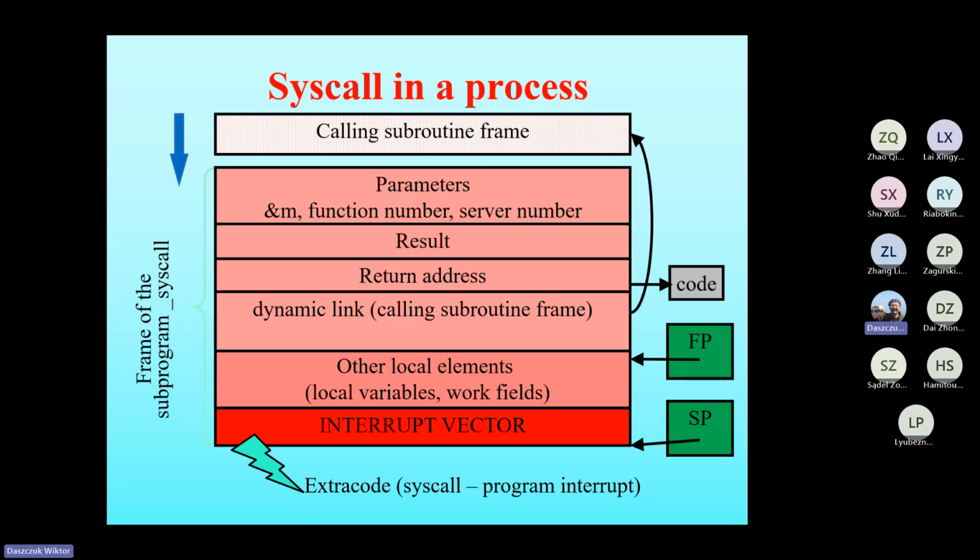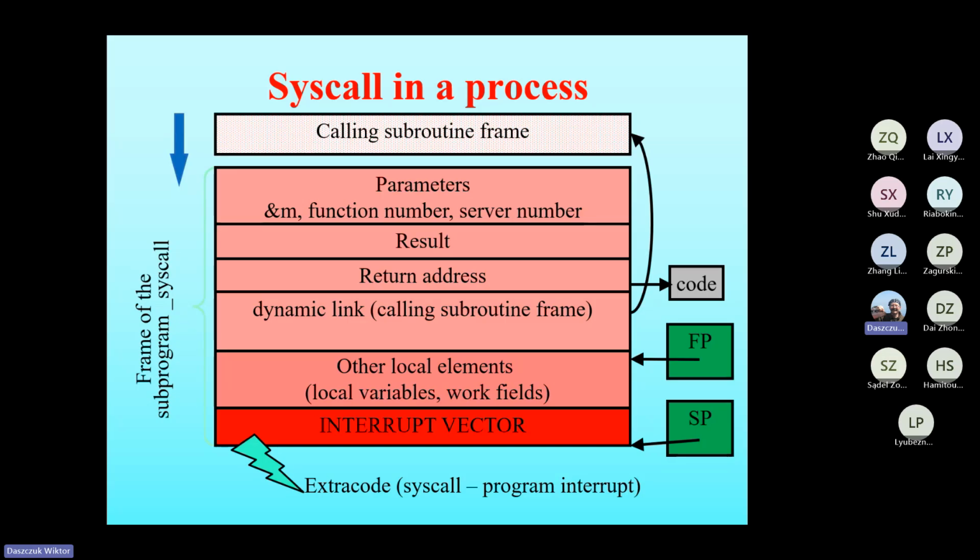Here we have the trace, the return address. Those three elements are created by the caller function. The callee, the called function, creates the dynamic link to the calling subroutine's frame, because it will load the frame pointer with its own frame address, not to lose the frame pointer to the calling subroutine.